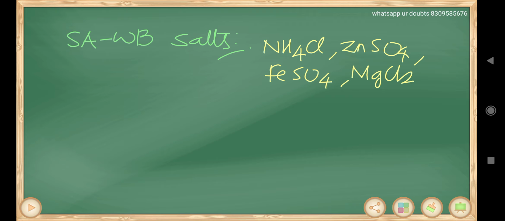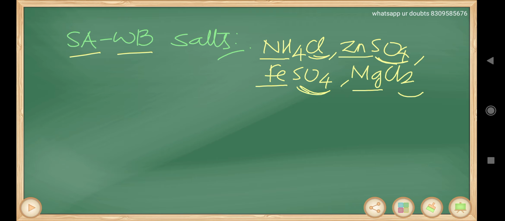All these you can consider as strong acid, weak base salts. The base must be weak: here ammonium hydroxide, zinc hydroxide, iron hydroxide, magnesium hydroxide. When you compare with the acids, these are weak. Cl means HCl, SO4 means H2SO4, so HCl and H2SO4 are strong acids.